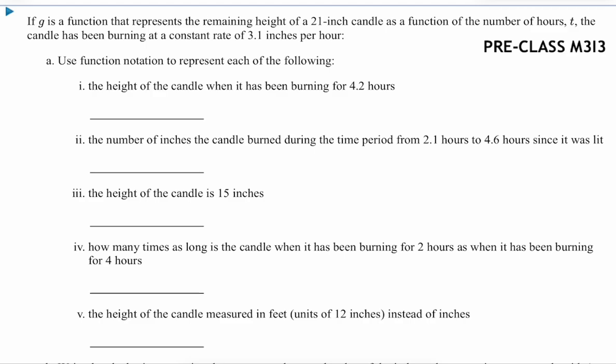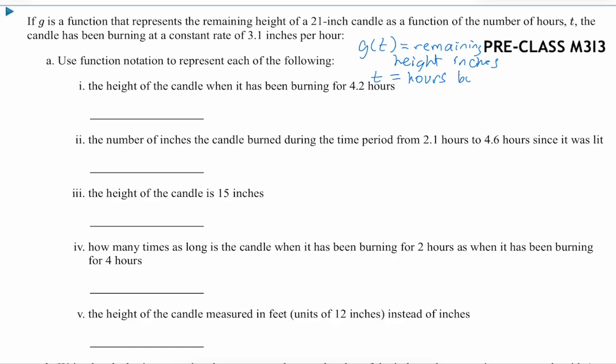So it says G is a function that represents the remaining height of a 21-inch candle as a function of the number of hours T. So let's write that down, that G of T is the remaining height of the candle, and it's going to be in inches. And then it says T is the number of hours, so let's put that down.